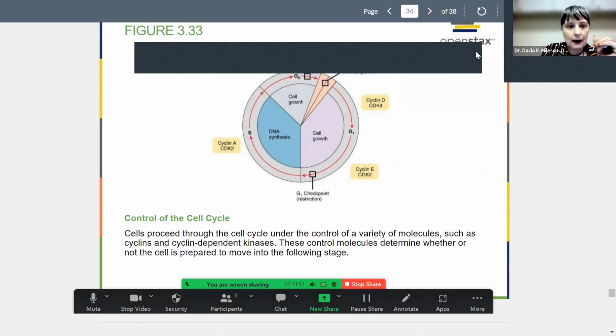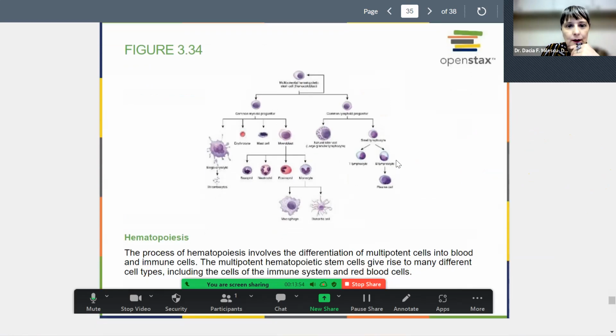Okay, so moving on, you're going to see other types of cell differentiation that comes from stem cells, which is a bit different than the cell cycle and mitosis. So just so you know, the red blood cells, the white blood cells, and the platelets all differentiate from one stem cell in the bone marrow.